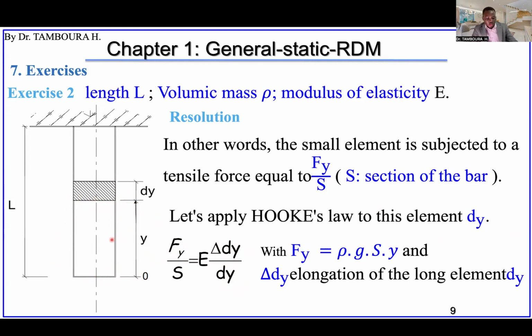The weight, you just take the mass multiplied by g, where g may be 9.81 for gravity. So the volumic mass, the mass unit weight, multiplied by the volume, because S, the section, multiplied by y, since we are trying to calculate the weight of this part, and the height of this part is y here.